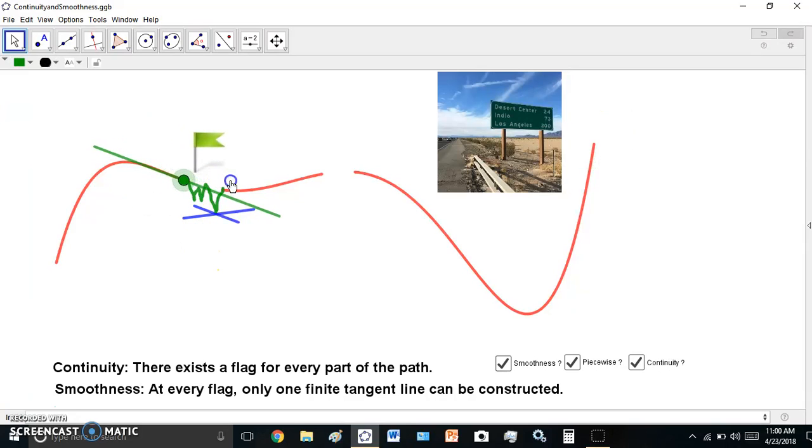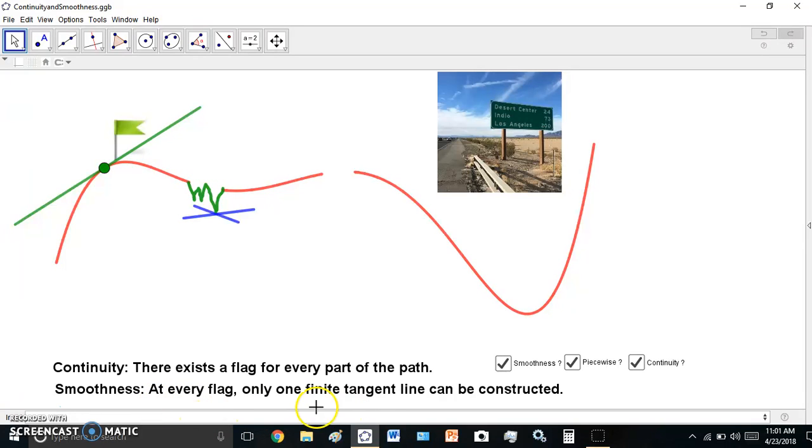And in that case, we say the curve is not continuous, but it's not piecewise because all the points are there, and you can't really remove the points that are already there because that makes no sense. If the points aren't there, then it's discontinuous if they're not defined. So if there's no flag at a particular part of the path, then it's not continuous there.